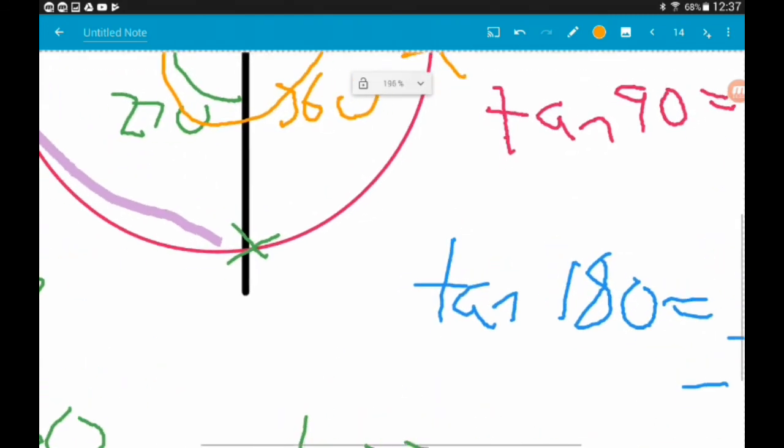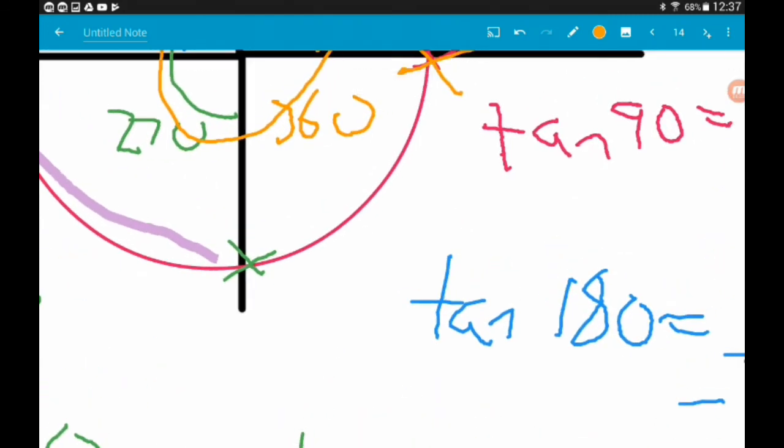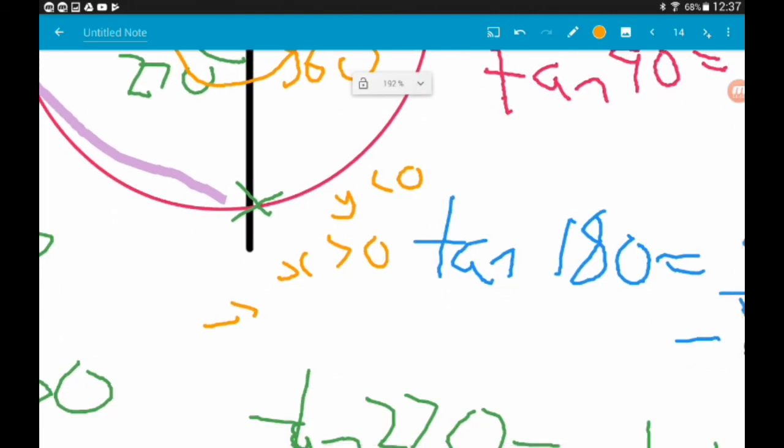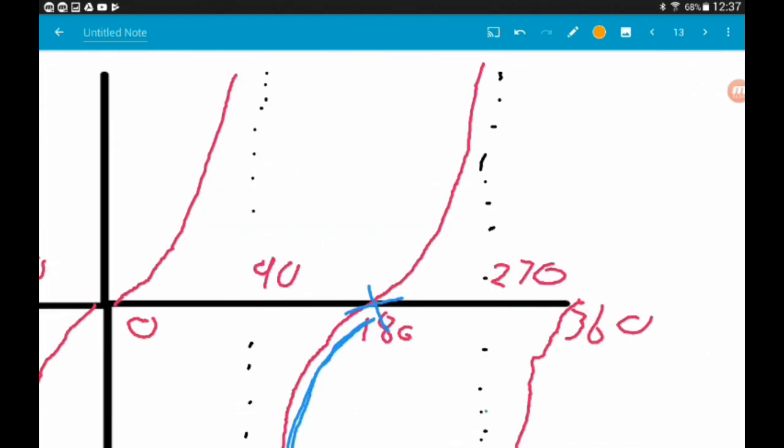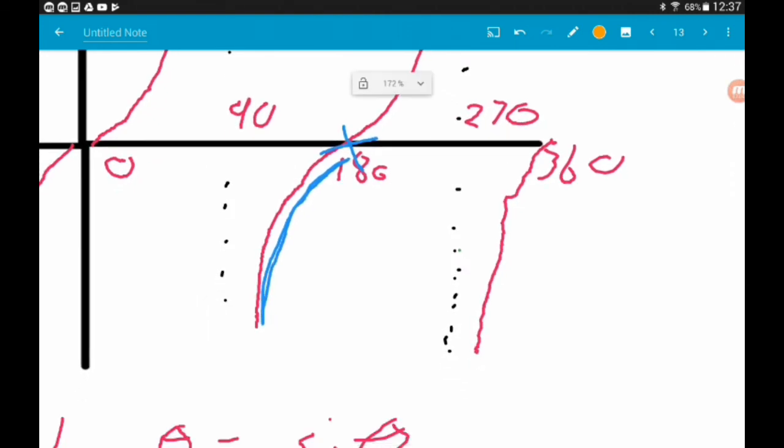Now down here, this time we've still got y is less than 0, but x is greater than 0. Therefore, y divided by x is gonna be less than 0. So that is why on our final part of the graph we've got this negative part of the graph going up to 0 on the x-axis at 360 degrees.